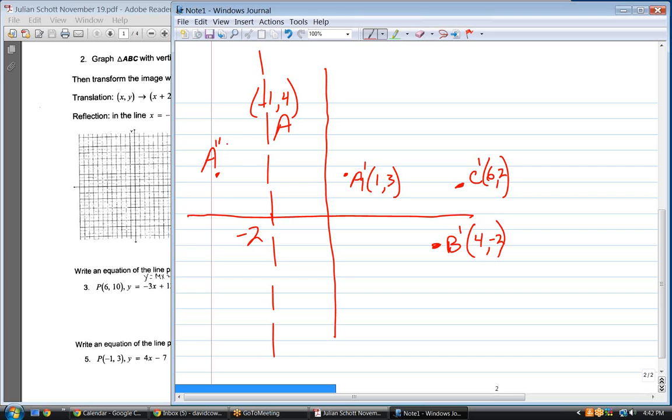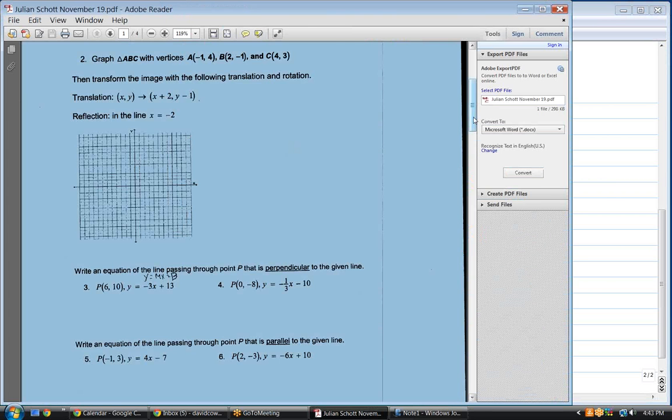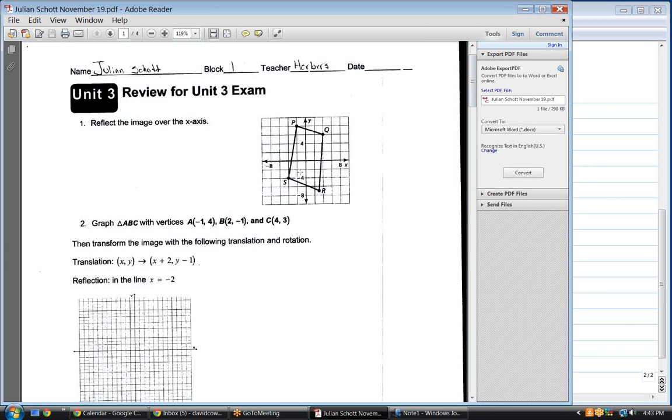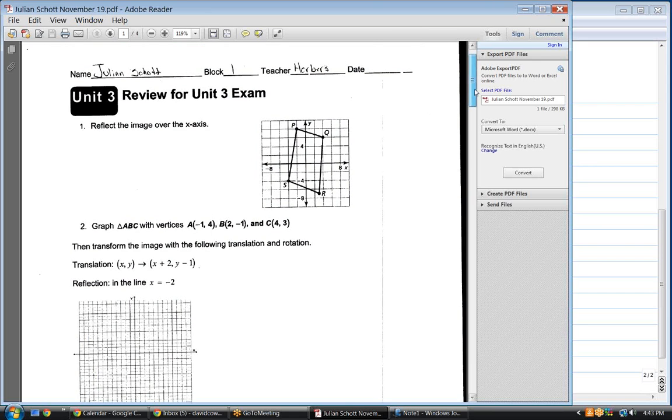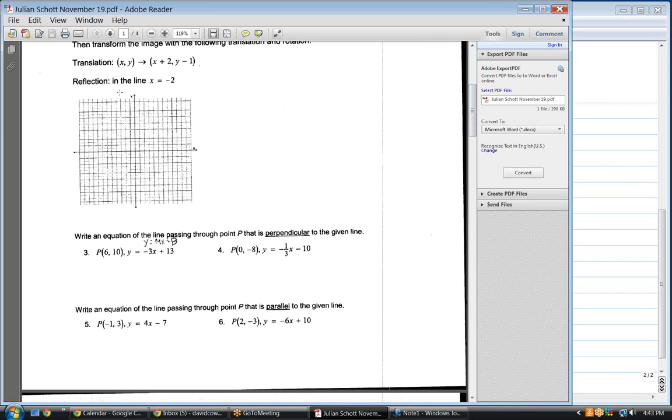So what are you trying to do with the -2? In other words, the very first question we did was reflect this over the x-axis. That is a reflection over the line y equals 0. So this is reflected over the line x equals minus 2, which is a vertical line that goes through the point minus 2.